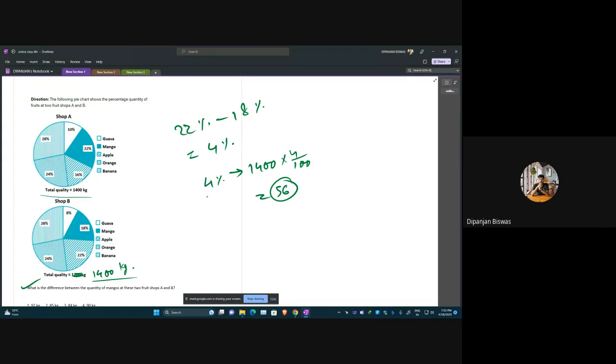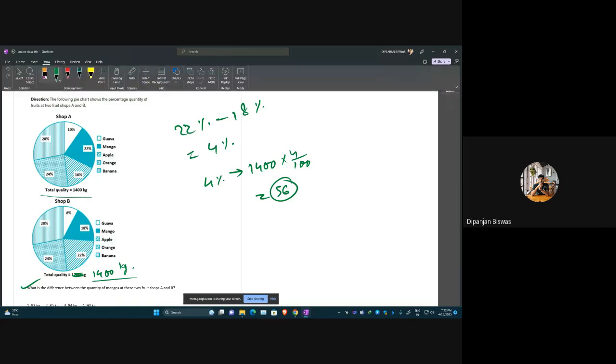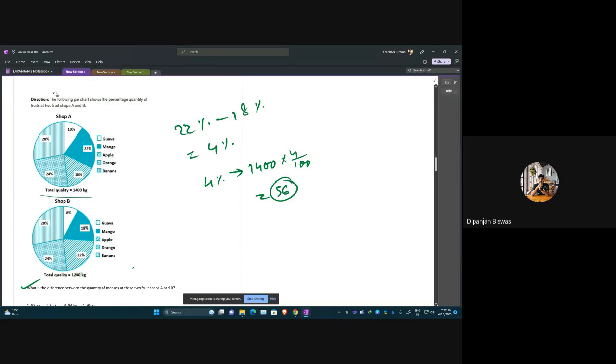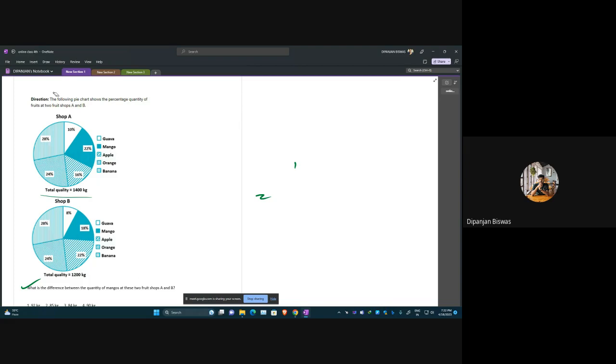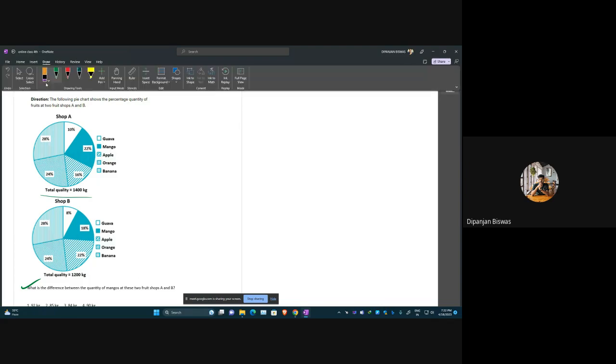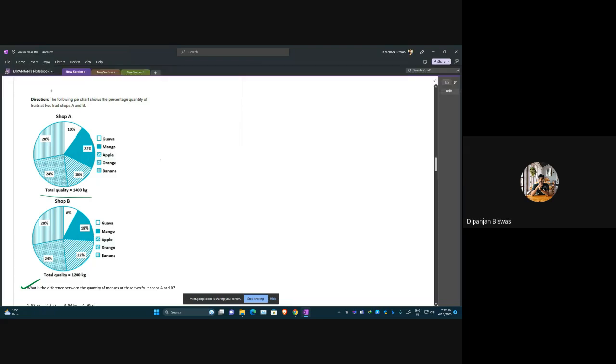But here the quantities are different. In shop B, 1200 mangoes were sold. So the question is a little bit different. But you can get this kind of questions, and these are very easy to calculate, if you know all the tips and tricks of pie chart. So 1400's 22% is 308.